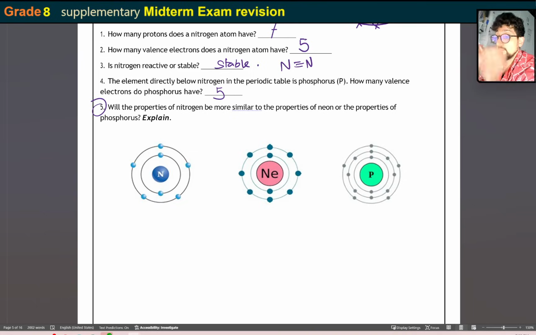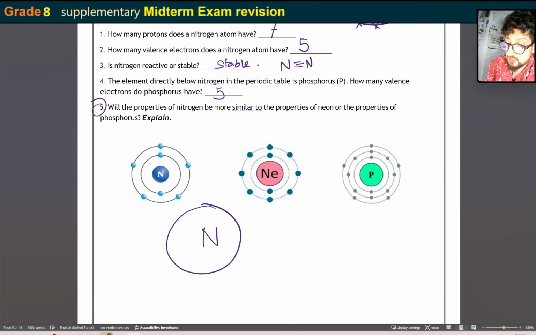Okay, I don't really like this question, and I'm going to explain it properly, hopefully, so please listen. Nitrogen can either be the element nitrogen, or it can be nitrogen gas. If we're talking about the element nitrogen on its own, it's in group 5, and so it hasn't satisfied the octet rule.